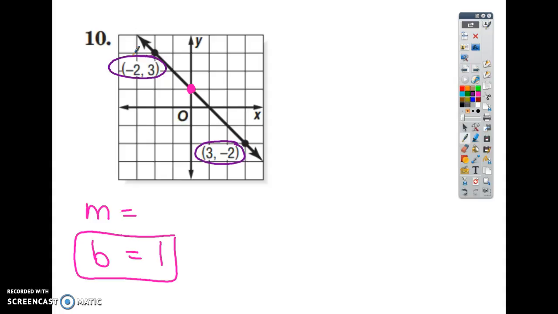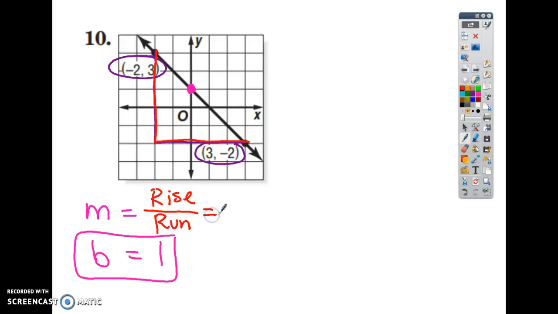No, we always go from left to right. So if from left to right the slope is going down, then my rise is going to be down and over. So go ahead and everybody draw your rise over run. This one's going down and to the right. Rise over run.